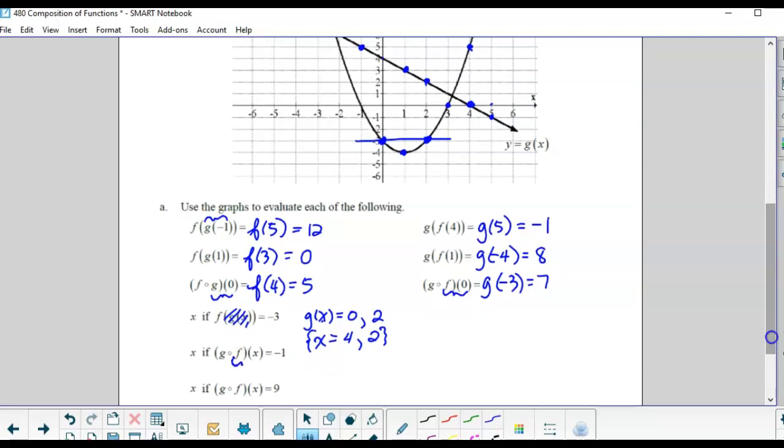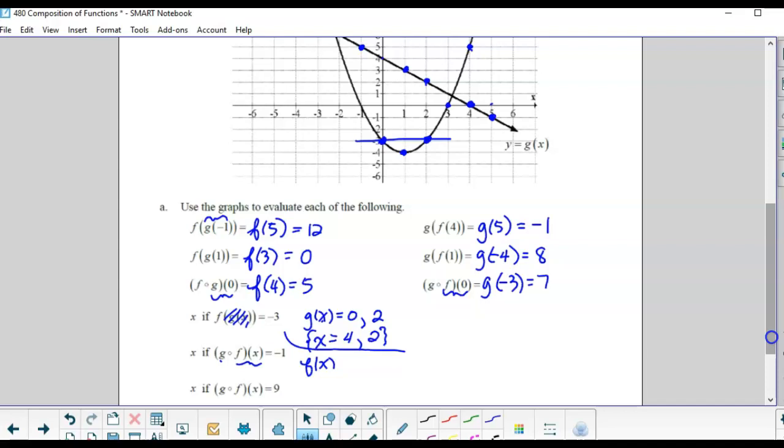Next one here, I want to look, first of all, where g equals -1, and that's what f of x is going to be equal to. So on g, when the y value is -1, I get an x value of 5.